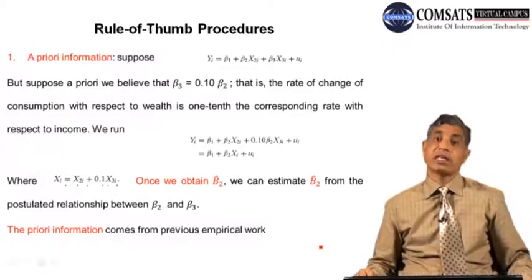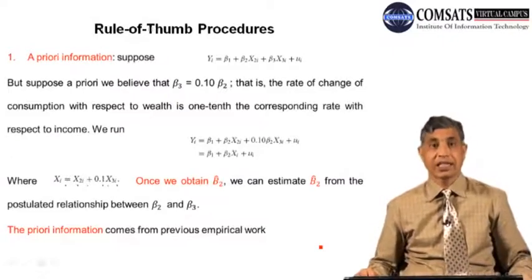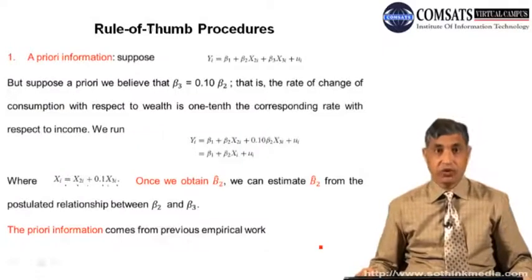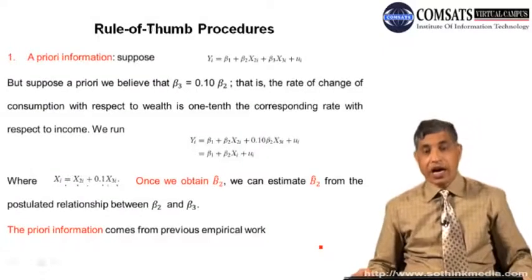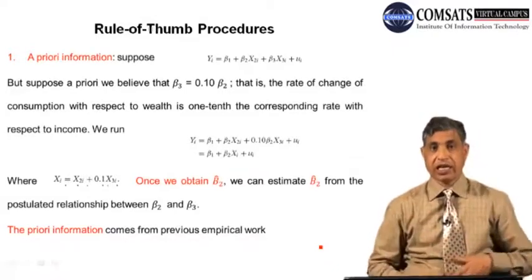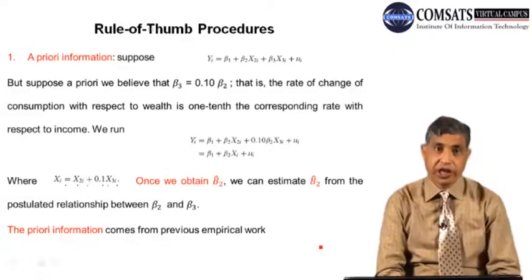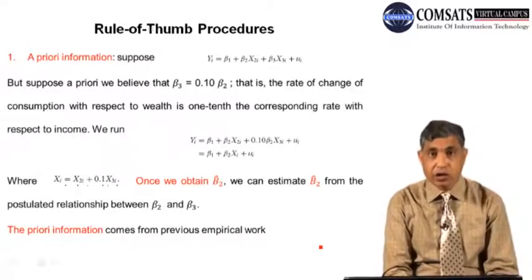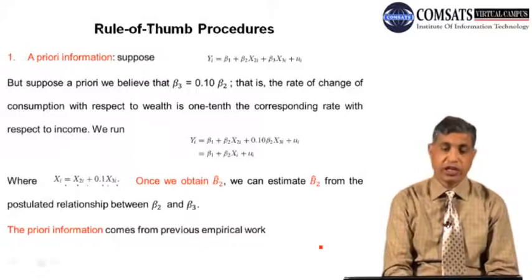Now I am coming to the other school of thought that says no, there are some rules of thumb that we can apply. According to them, we may have some prior expectation, prior information. If we have some prior information, then we can reduce the problem of multicollinearity.